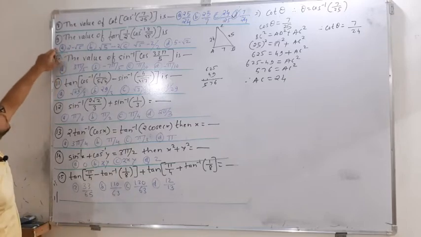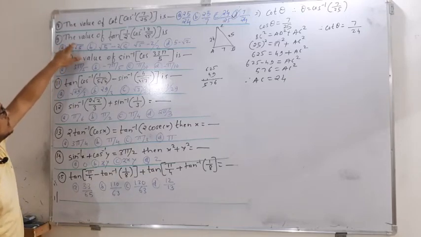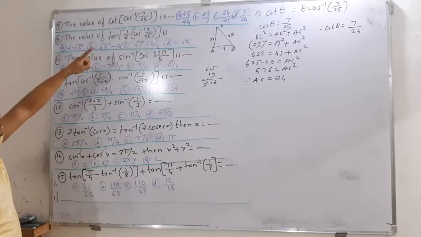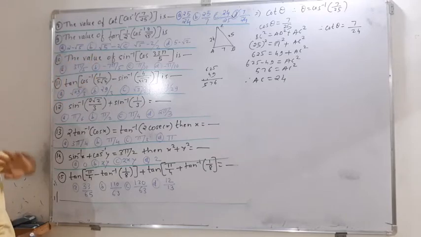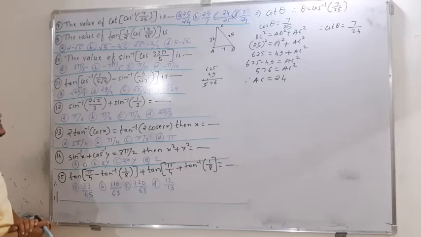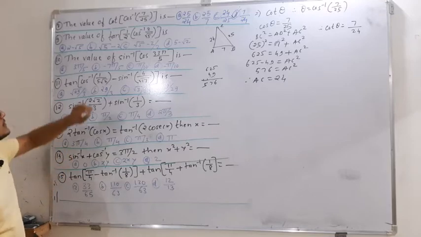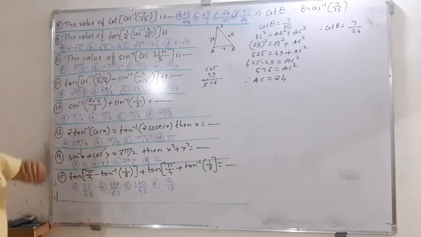Second question, question number 9: the value of tan of half into cos inverse of 2 by root 5 is. This is again a little bit complicated question. As we did in the above example, in the same way we will try to simplify this.